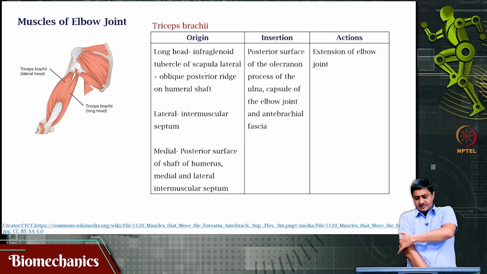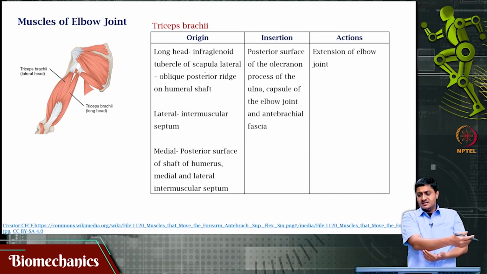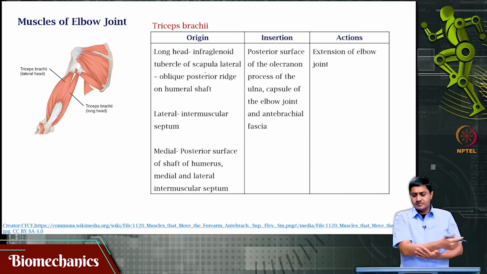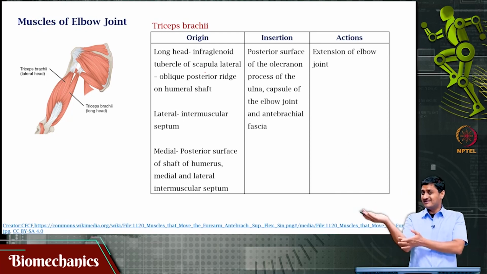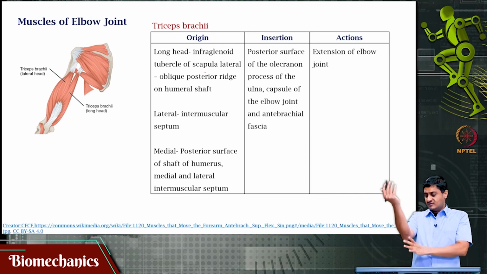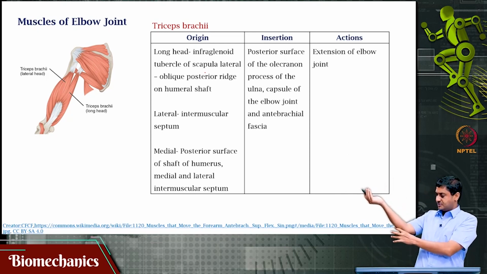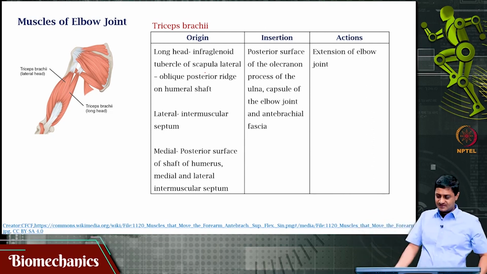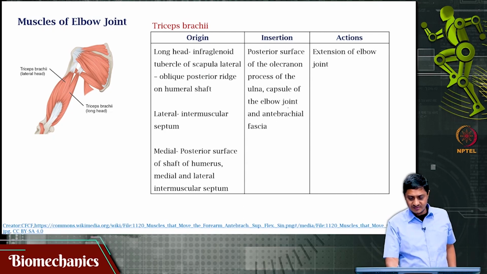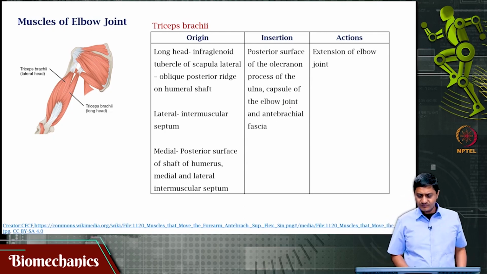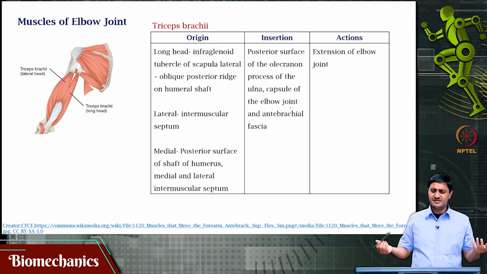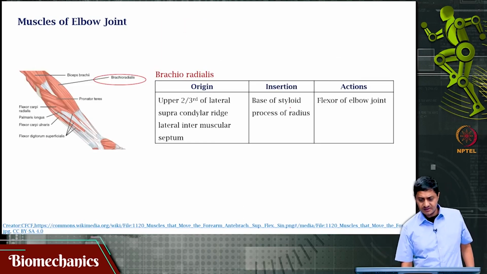This is the muscle that comes, and then it attaches on the posterior surface of the olecranon process of the ulna, somewhere here is where this attachment is. So, if this muscle contracts, this part is going to contract and then the elbow joint is going to extend, right. So, that is the reason these muscles are almost fully located on the posterior side, right.